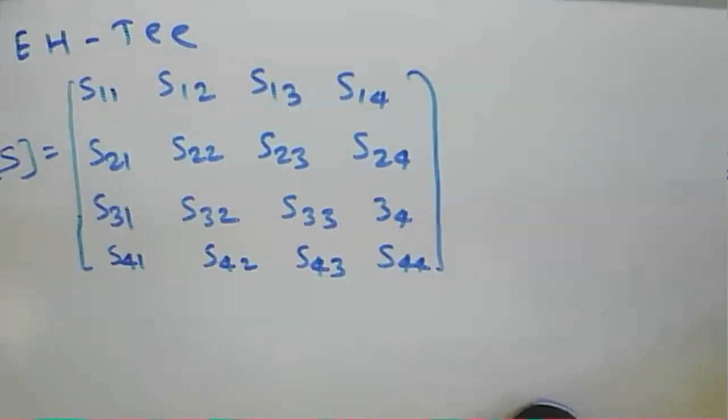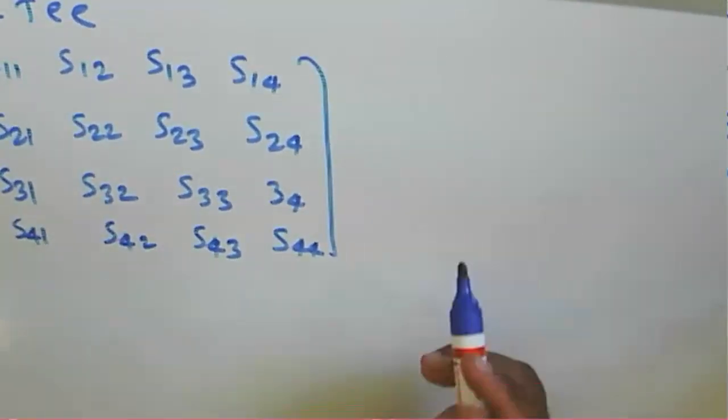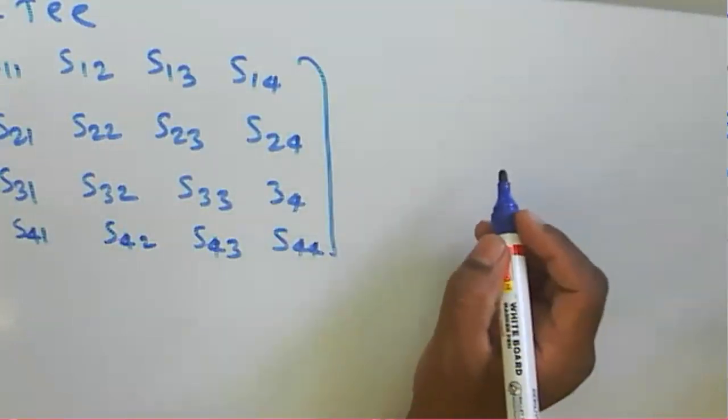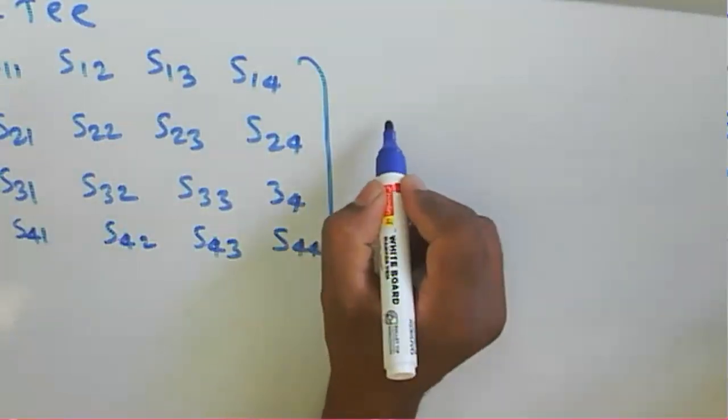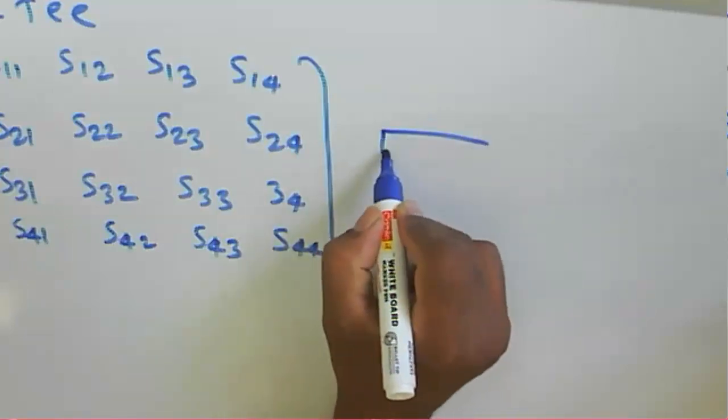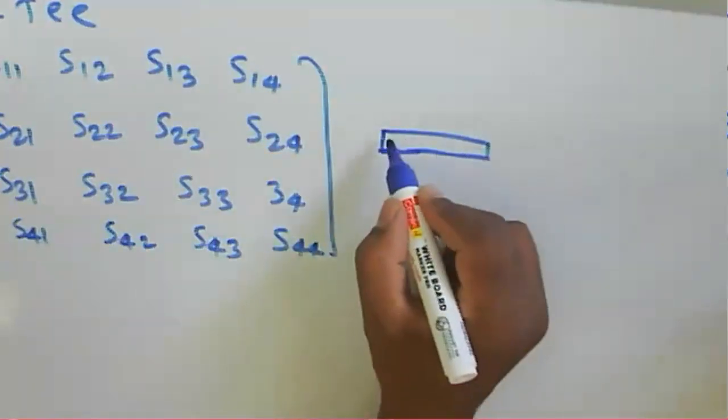Now, as you know, the given particular magic T has 4 ports here. Let me draw the magic T here again.